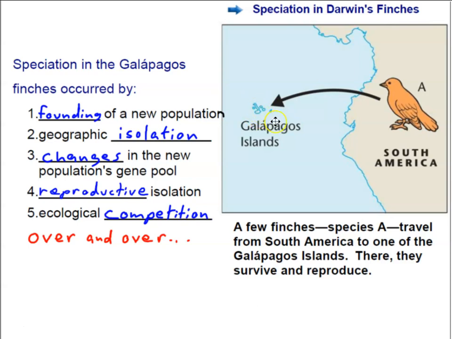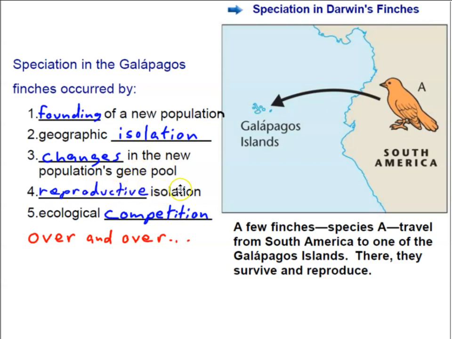Some of the Galapagos are like deserts, and other islands are more like rainforests. So these isolated populations were geographically isolated. In other words, they pretty much stayed on their own island, and then they changed. Changes in their population gene pool, changes in the allele frequencies over time, adapting to those different habitats on the different islands, to different niches.